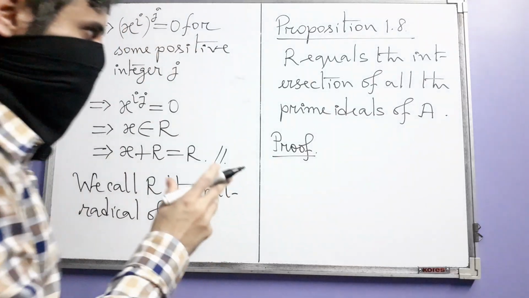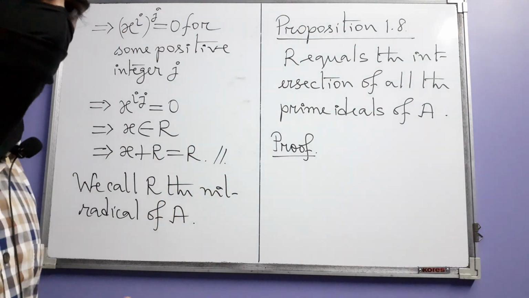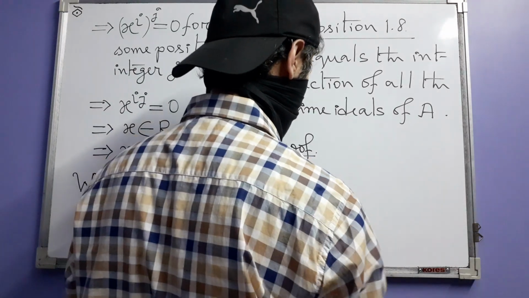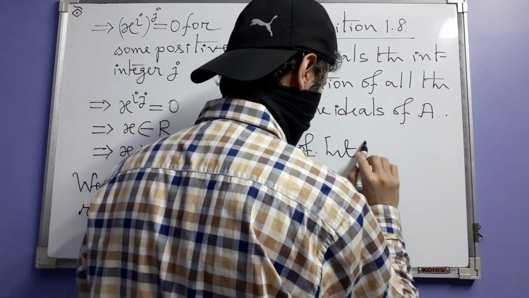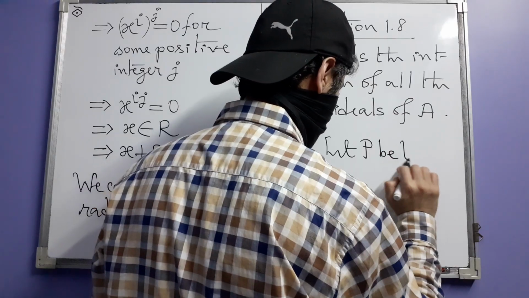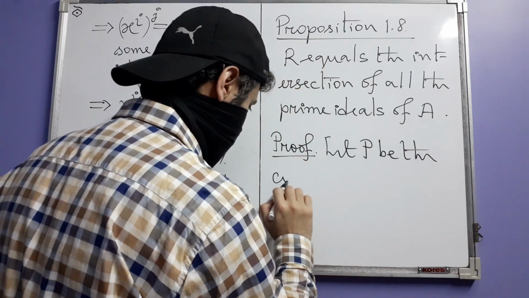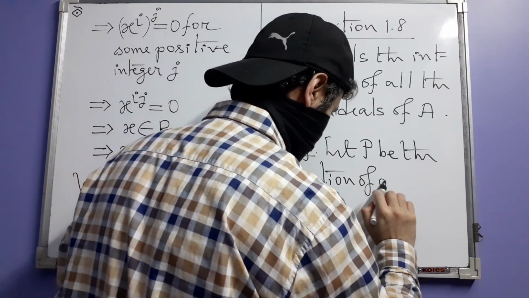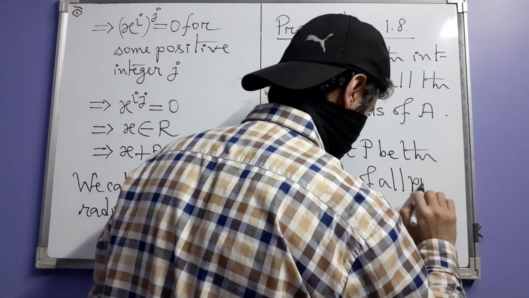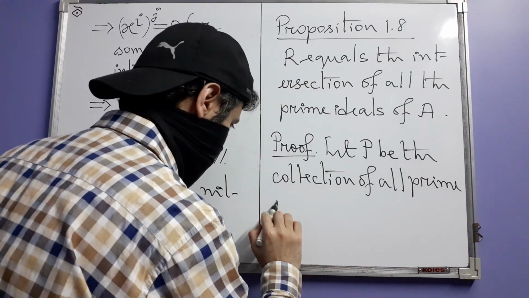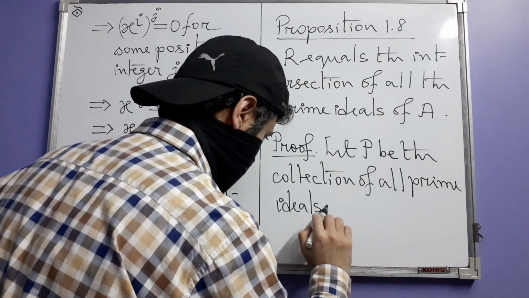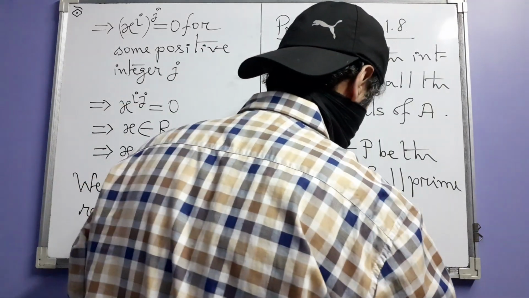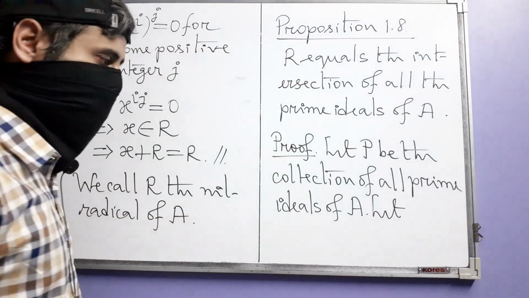Let us first give the collection of all prime ideals of A some name, because that way you can see the things, okay? You won't get confused. Let P be the collection or set of all prime ideals of A. And we are interested in the intersection of the elements of this collection.